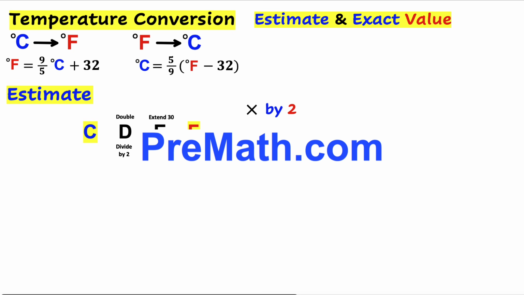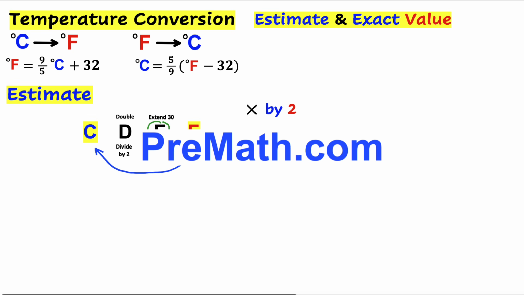And likewise, if we go from degrees Fahrenheit to degrees Celsius, in other words, we are going to convert from degrees Fahrenheit to degrees Celsius. Since we are going from right to left, the values tend to decrease. So therefore, E comes first.